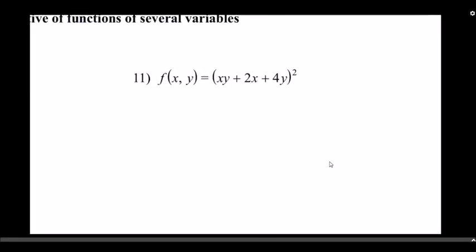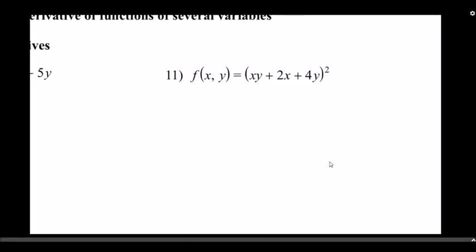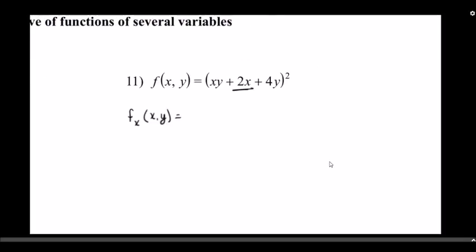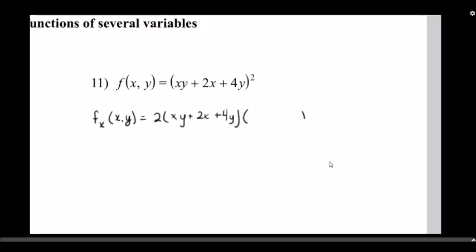Similar thing here on number 11, the first partial derivative with respect to x. We're going to have to use a chain rule since we have an inside function and an outside function. So the derivative of the outside function, the exponent just moves to the front, and the exponent decreases by 1. And then we have to multiply it by the derivative of the inside function.